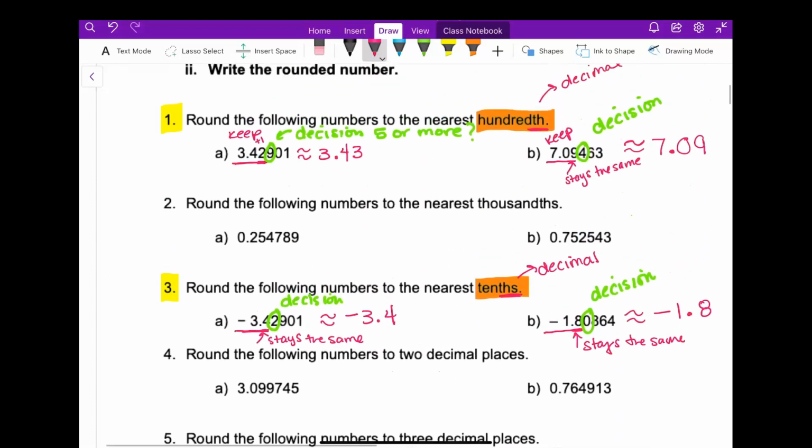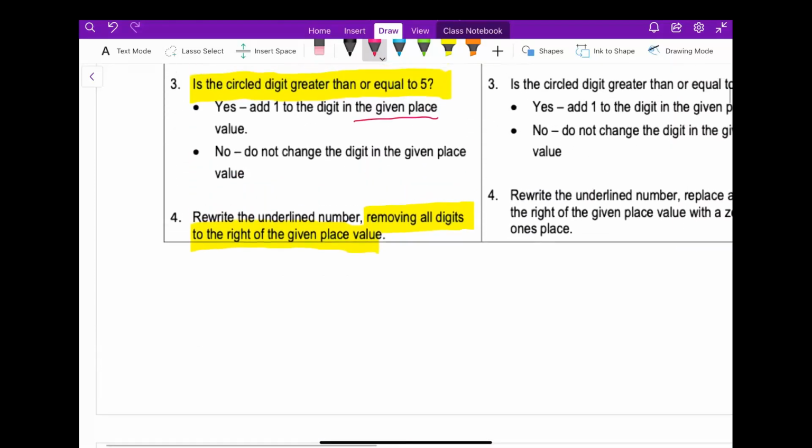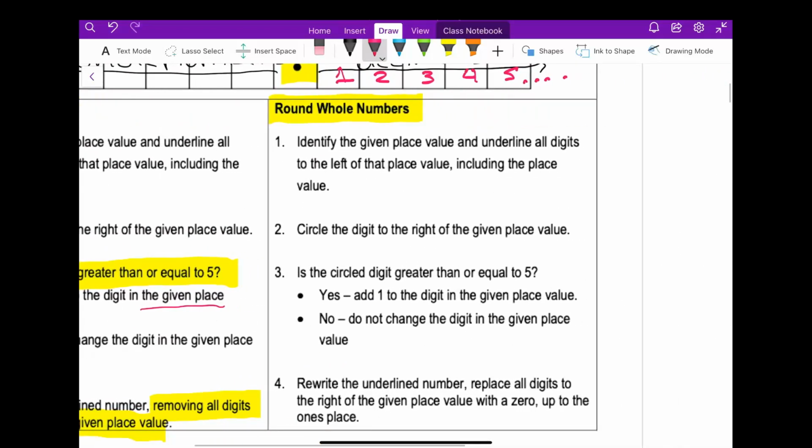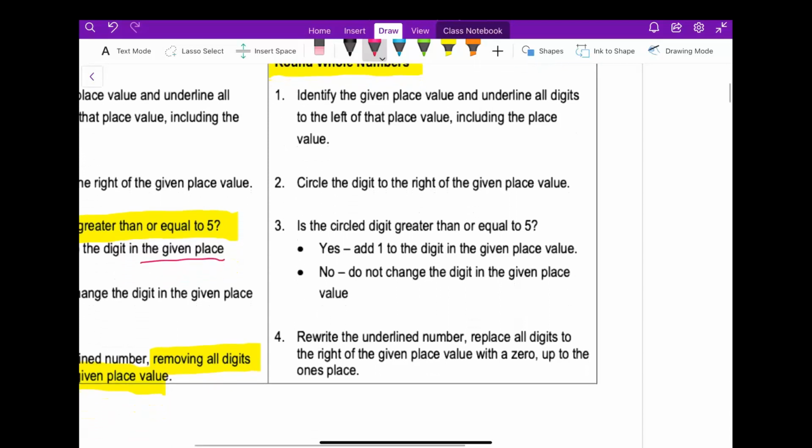Let's go back to our instructions and take a look at those. So this time we are looking at whole numbers. We're going to identify the given place value and underline all the digits to the left, the way we have been doing. We're going to circle the digit to the right. We've been doing that. We're going to ask the question if it's greater than or equal to 5. And this time, the difference is we're going to rewrite the underlined number.